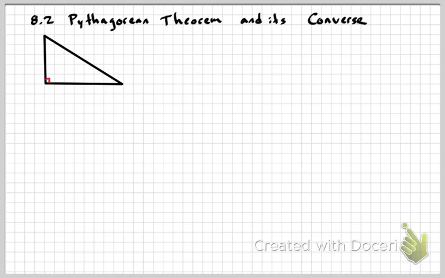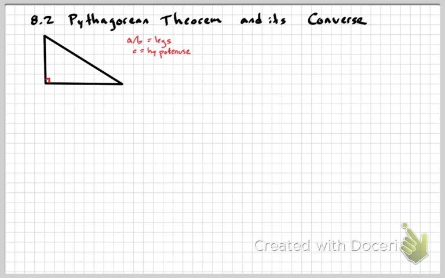All right, so the beginning part of this is going to be very much review. So remember, with the Pythagorean theorem, A and B are the legs. And it doesn't matter which one you label A, which one you label B, because we're going to be adding their squares up. And then our C is always our hypotenuse.